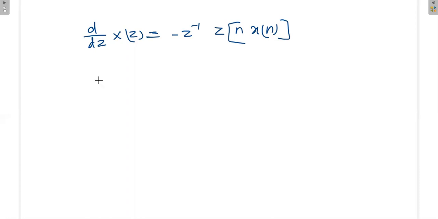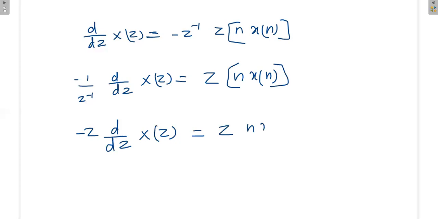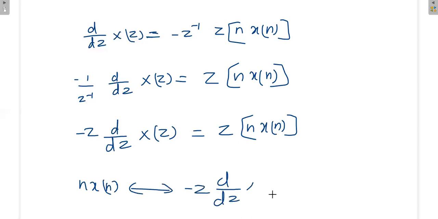It becomes 1 by minus z inverse d by dz x of z is the transform of n into x of n. Z inverse we can write like minus z d by dz x of z, which is the transform of n multiplied with x of n. So finally, the z transform pair n into x of n is minus z d by dz x of z.